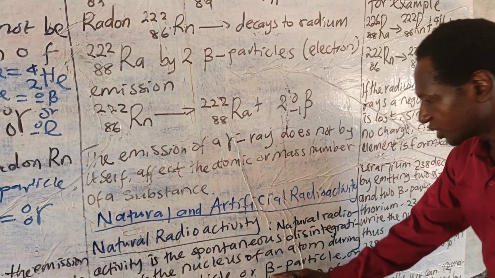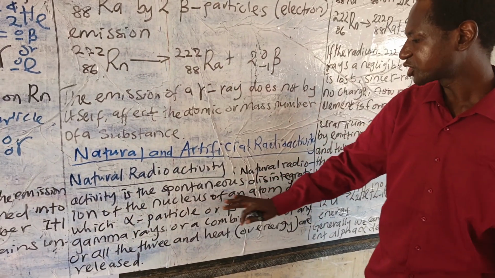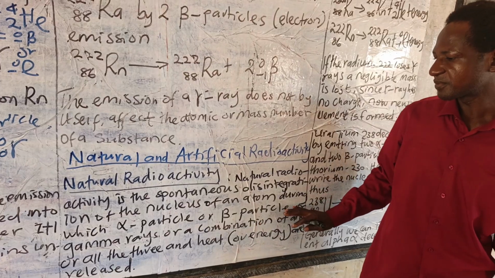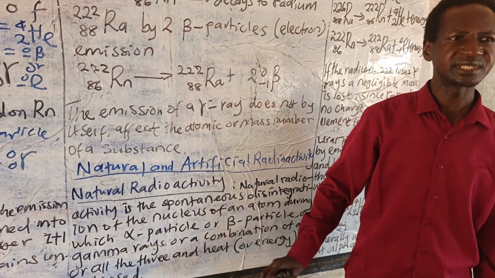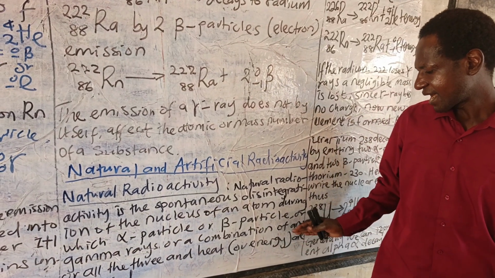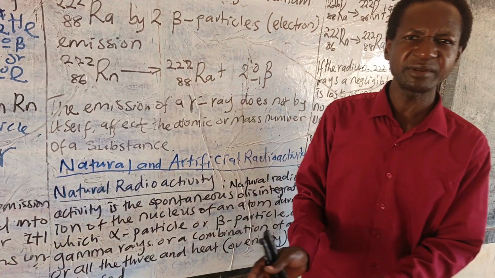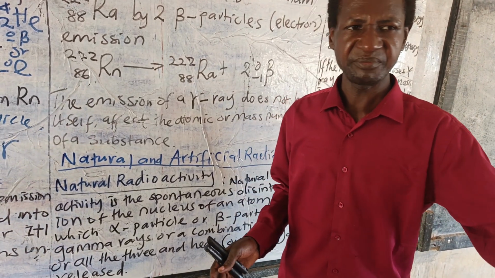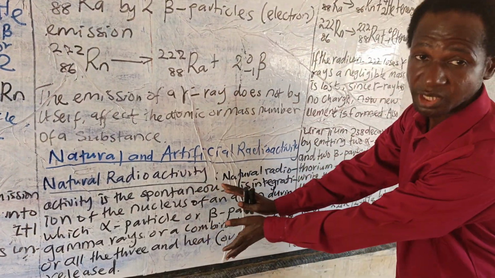It is the spontaneous disintegration of the nucleus of an atom during which alpha, beta, gamma rays are emitted, or a combination of all three, with release of energy. So that is natural radioactivity.